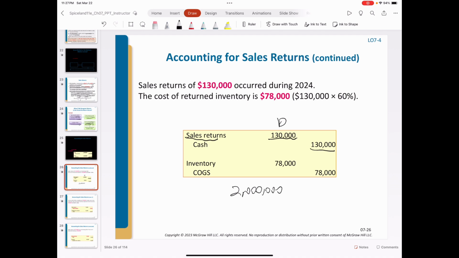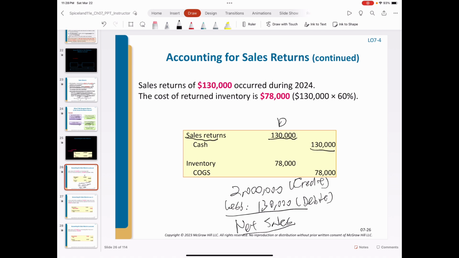After this journal entry, it will be less this amount, $130,000. So the difference will be the net sales. We know revenue has a credit balance. Sales return is a debit balance. Sales return here is a contra account of revenue.